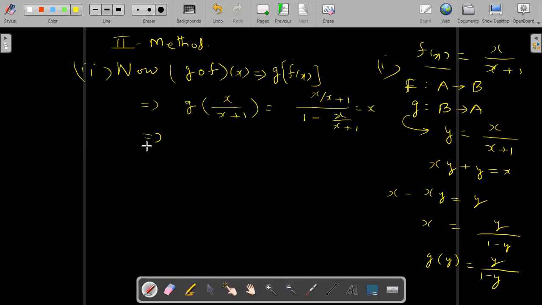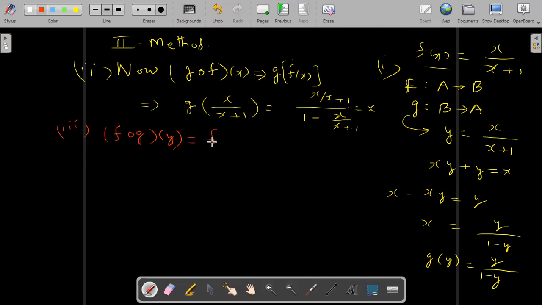Okay, then after that you have to find out f of gy. Third step, you will find f of y. It should be equal to y. Okay, then it is invertible.